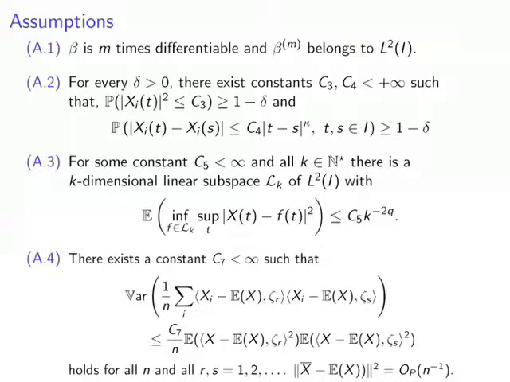Then we assume that for some constant C5 there exists a k-dimensional linear subspace Lk of L2, such that the quality of approximating X by such a linear subspace is of the order k to the minus 2q. So if you increase k, you get better and better approximations of X, and the rate of decrease of the error as a function of k depends on q.